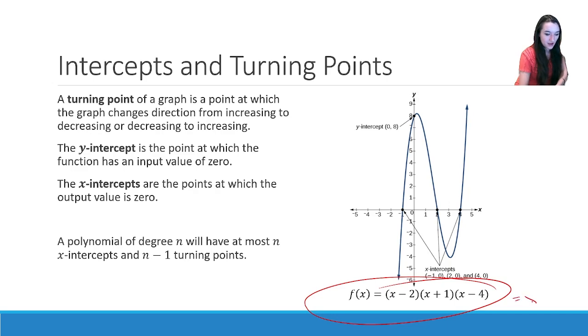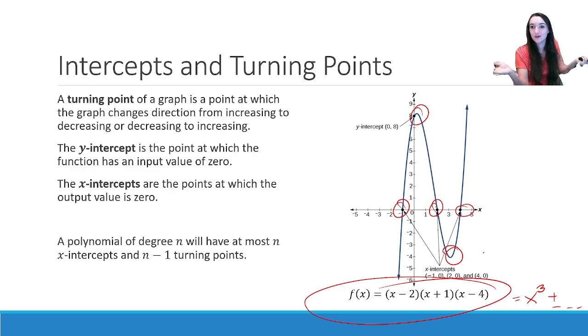If I were to multiply it out, it would have an x cubed as its leading term and then some other stuff going on. So this is degree 3, which means it has, again, at most 3 x-intercepts. Well, it does have 3: 1, 2, and 3. And at most n minus 1, so 3 minus 1 is 2 turning points, which it has both of. So it has maxed out its number of x-intercepts and turning points.